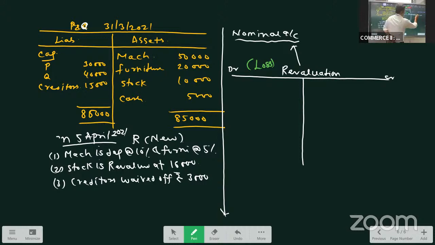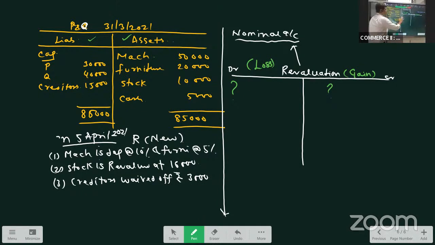If there is any gain by revaluation of asset or liability, we have to take it on the credit side. Simple funda, follow all of you. Revaluation account is a nominal account. If there is any loss because of revaluation of either asset or liability, it has to be shown on the debit side. And if there is any gain because of revaluation of either asset or a liability, it is to be taken on the credit side.